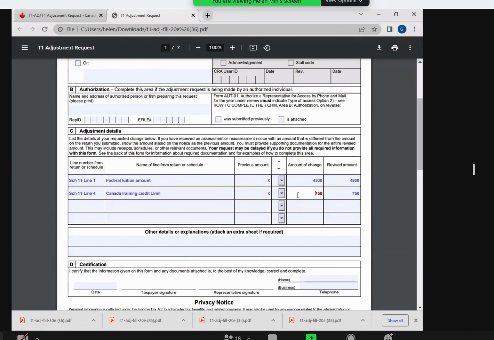That's plus 750. Then schedule 11, line 24, the federal education amount transfer. Tuition amount.